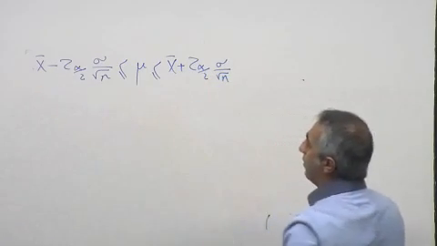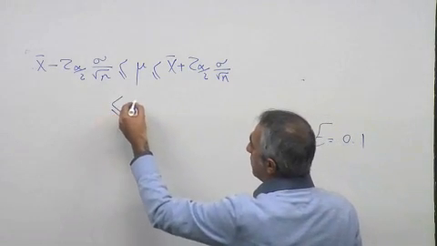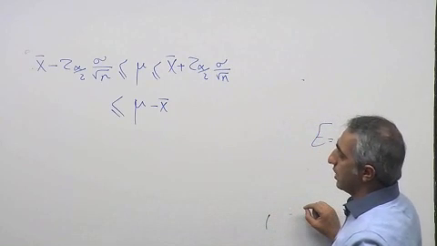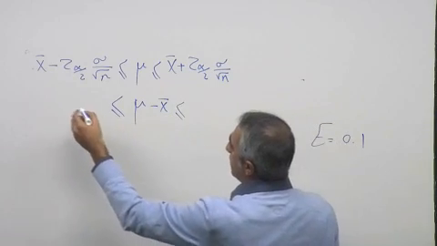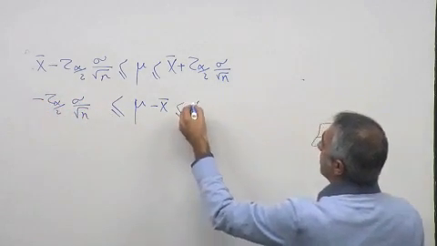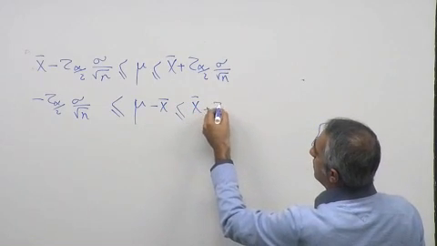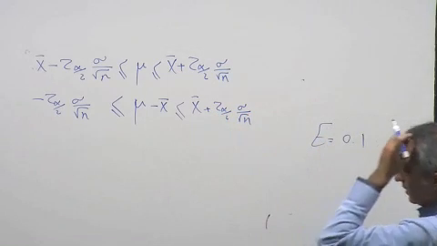Now what I want to find is mu minus x bar, which is between two quantities.